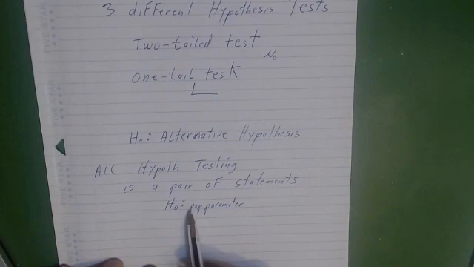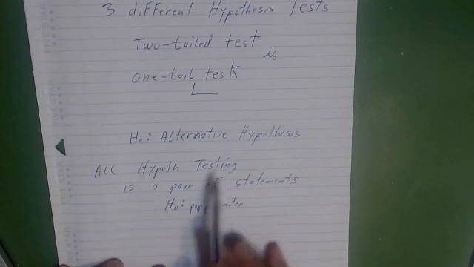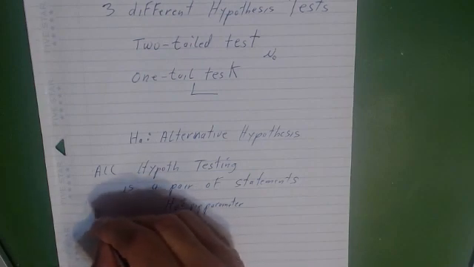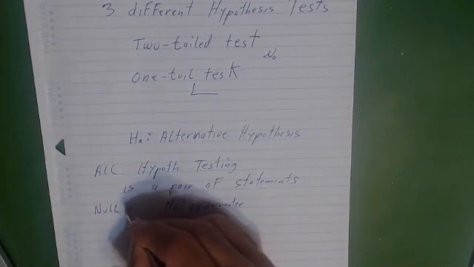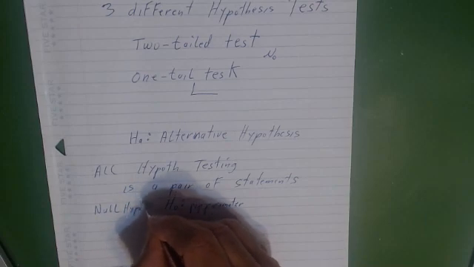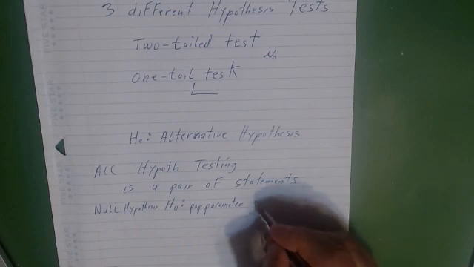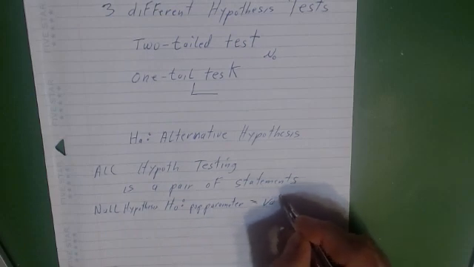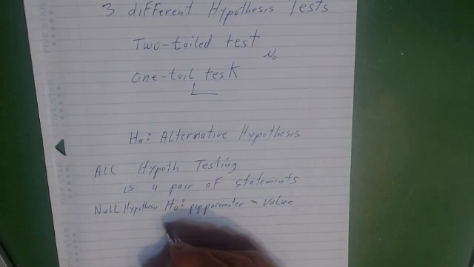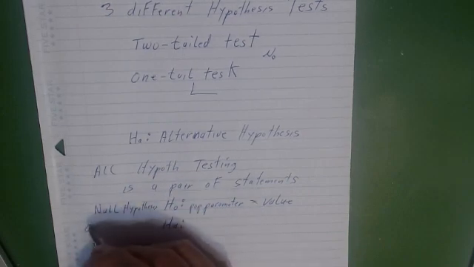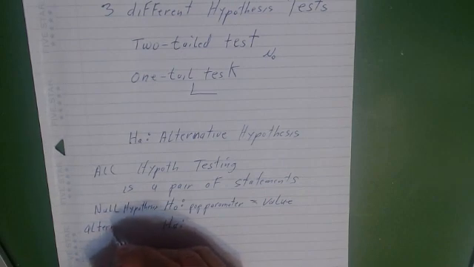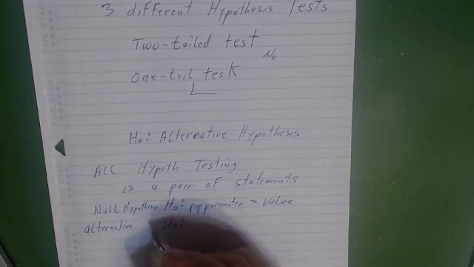In proportion testing, this would be a proportion. But in all hypothesis testing, you have a statement, the null hypothesis is H0, some parameter equals some value. And then you have HA, which is the alternative hypothesis, okay?